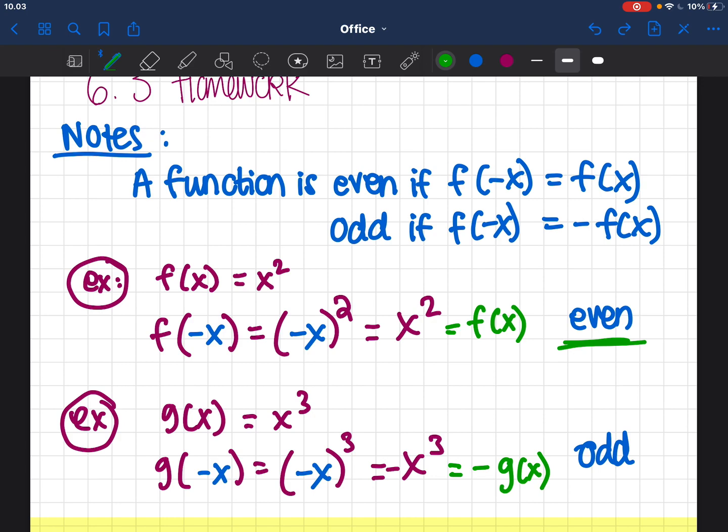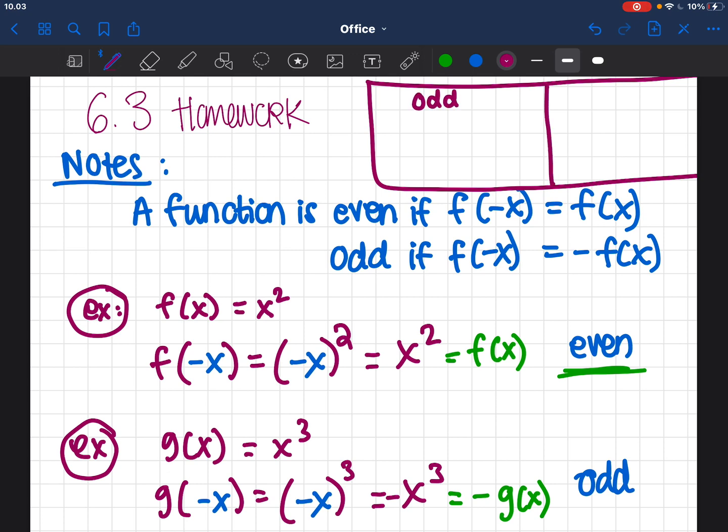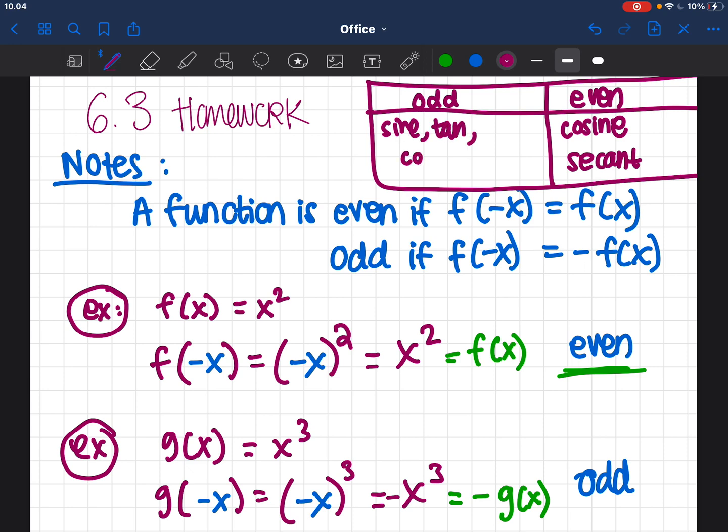Okay, so what you need to know as well, I didn't add this here. Let me add it here. Okay, so we're going to have odd and even trig functions. I won't prove this, but you need to know that the only even functions are cosine and secant, and the other ones like sine, tangent, cosecant, and cotangent are all odd.